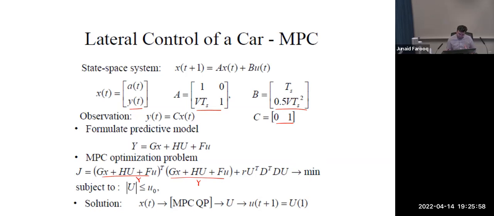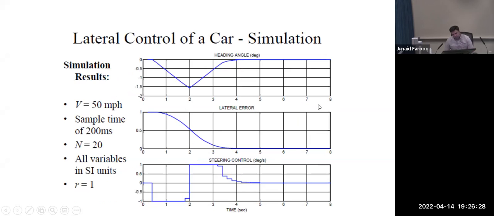And we want to minimize this cost function subject to the condition that everything is less than u naught. And we use some quadratic programming solver to do this, and then pick the immediate next input, feed it back to the controller, get the new state, new output, and again do the optimization problem.